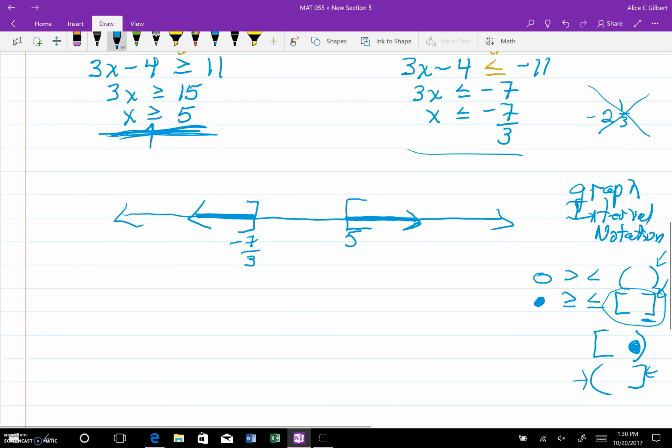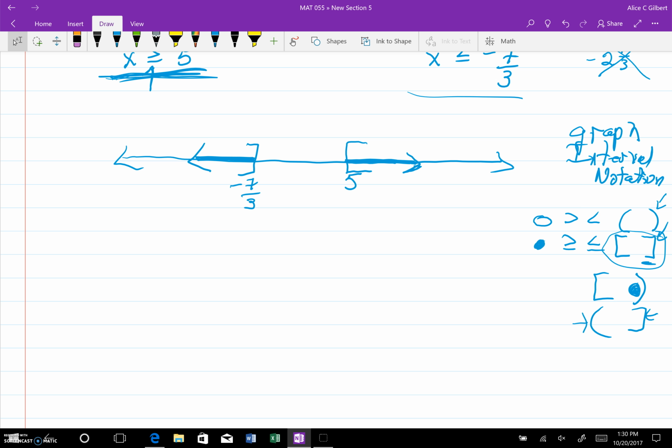Now, from this graph, I can easily do my interval notation. Interval notation is about taking the endpoints. So the endpoint here is negative infinity. It's going all the way to the left. And the right endpoint here is negative 7/3. Now I need to put something on each side of these to show what's going on.